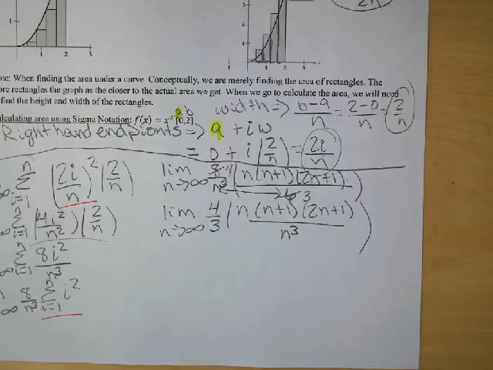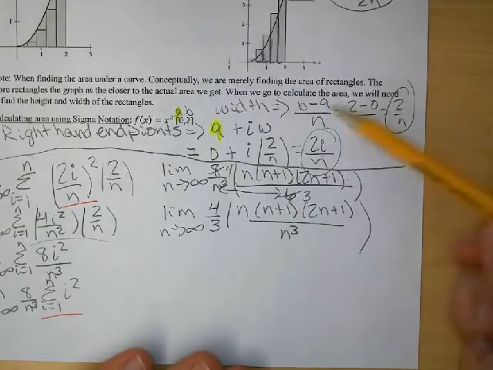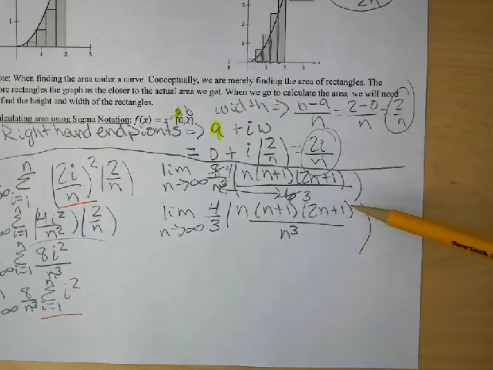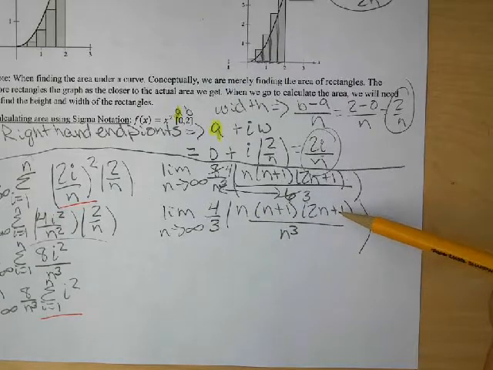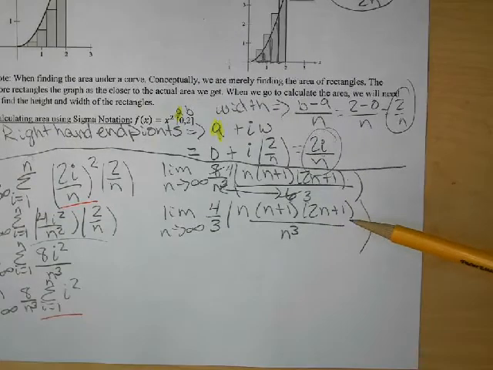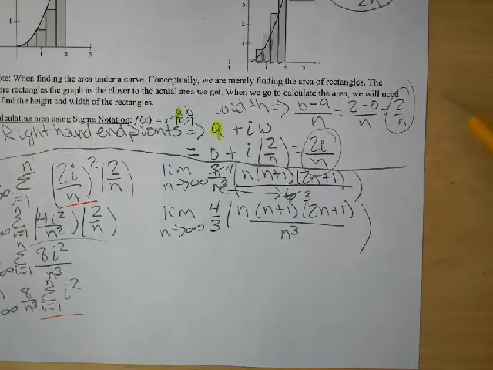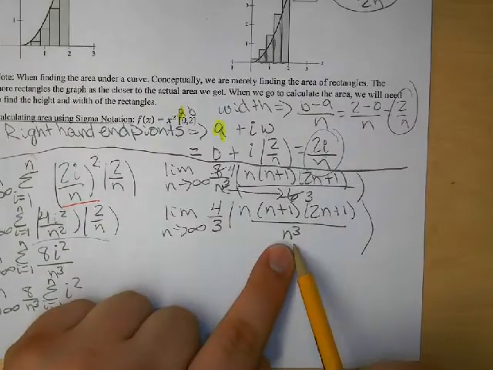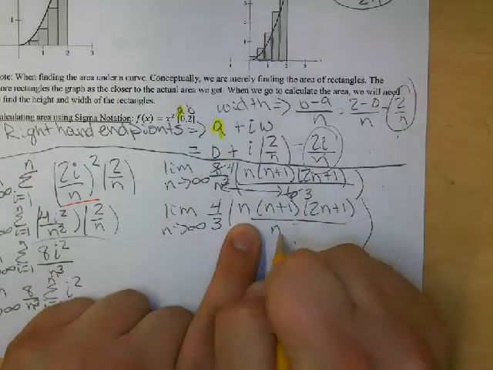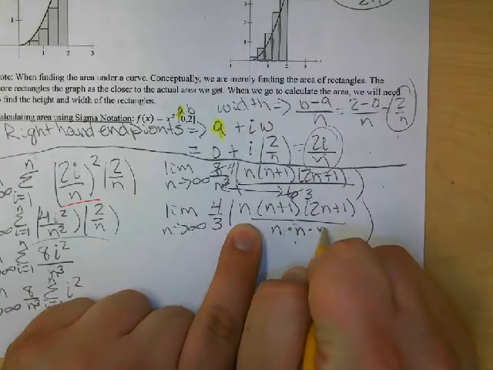Your book doesn't do it this way. Your book makes you distribute everything out. I think that's a major pain when you don't have to. If you would rather distribute it out, be my guest, but it's a lot of work, and I don't want you to go down that route. So now this is where the trick of algebra comes into play. Do you agree that this n cubed is no more than n times n times n?